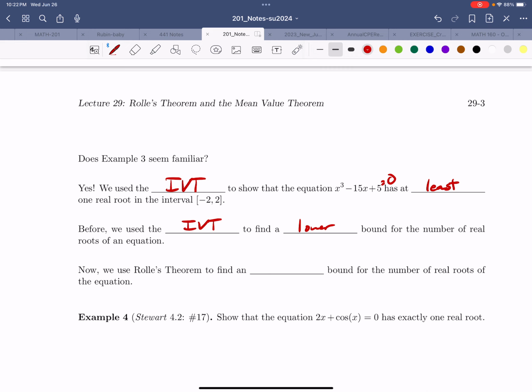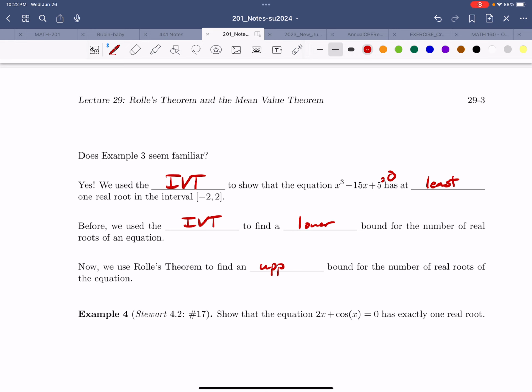Now we use Rolle's theorem to find an upper bound for the number of real roots. So the conclusion is x cubed minus 15x plus 5 equals 0 has exactly one real root in the interval -2 to 2. All right?